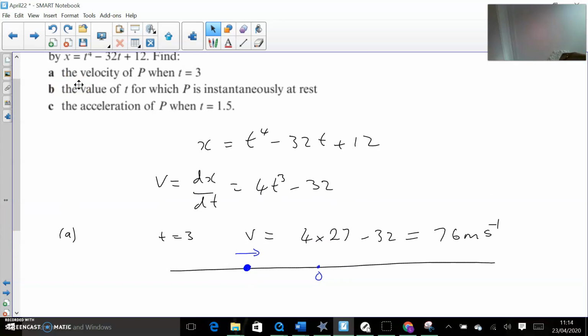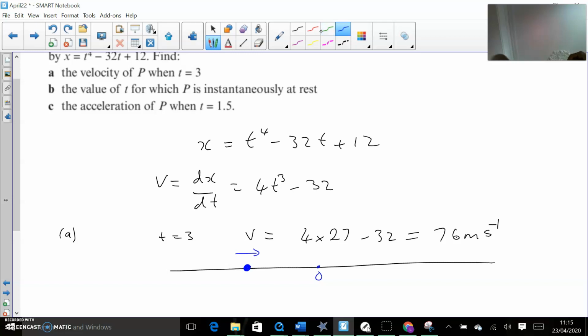Part B says the value of t for which P is instantaneously at rest. As I said in the previous video, instantaneous rest means it's where the particle turns round. It's where the velocity reduces to 0, and then keeps reducing, so it becomes negative, so it turns round.